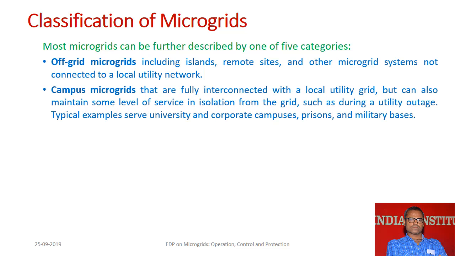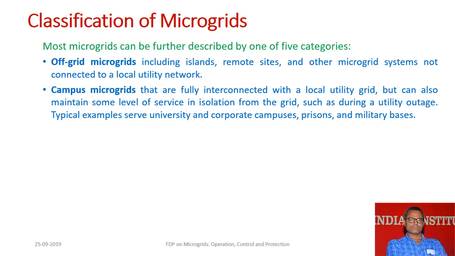Next is campus microgrids, like our campus. In our campus microgrid, we have put 1 megawatt solar generation, and sometimes we also feed to the grid in off-peak conditions, during vacations, Sundays, weekends, right? So we feed power sometimes to the grid as well.